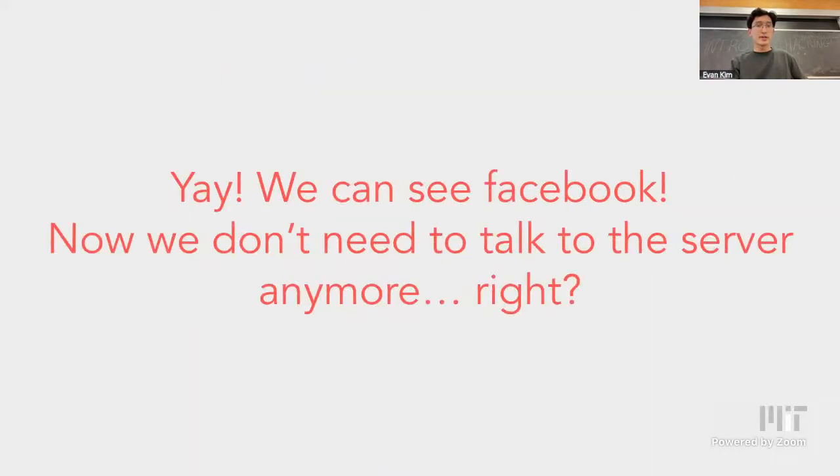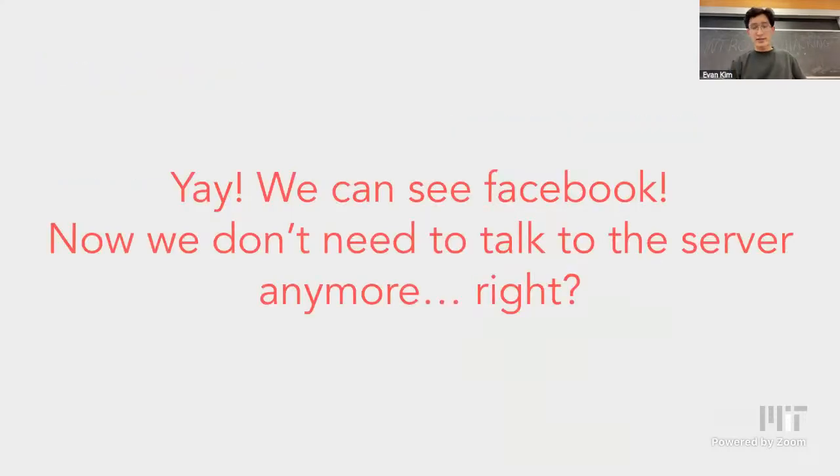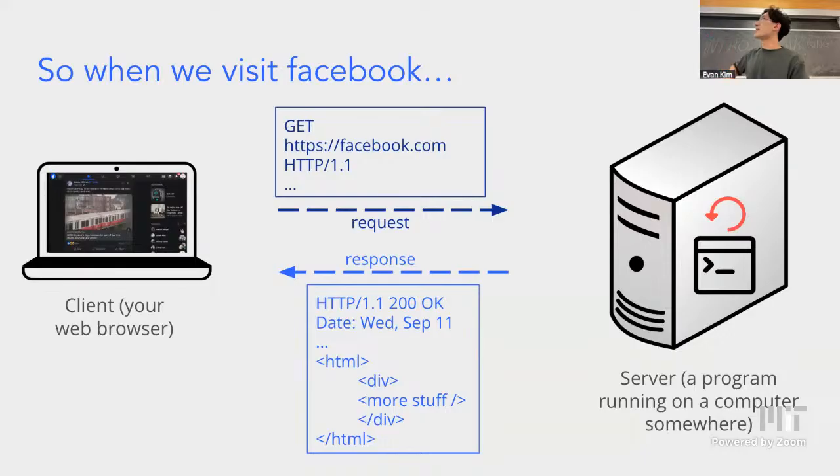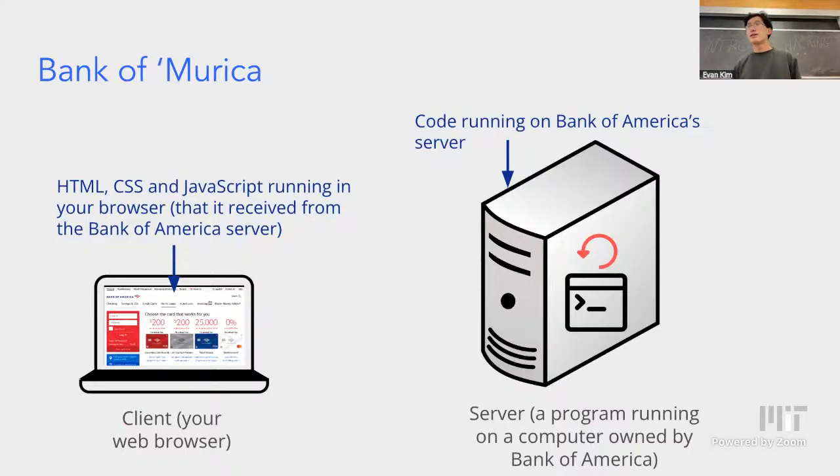So after we've sent this request, we've given Facebook our GET request, and then we get this data. We're not done. We still need to talk to the server. Right? If we click a button and we want to go to a new page or submit information, we need constant interaction with the server.